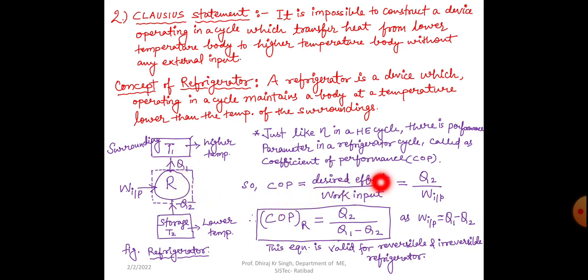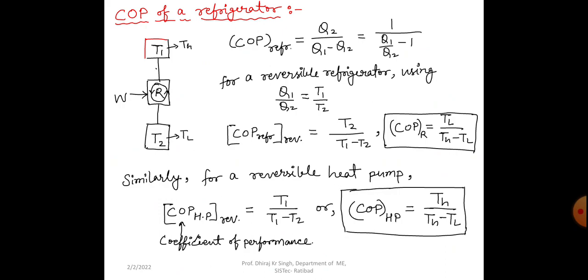So here COP is desired effect divided by work input, that is equal to Q2 by W input, and we can see COP of refrigerator is equal to Q2 by (Q1 minus Q2). This equation is valid for reversible and irreversible refrigerators. Now if we want to find the COP of a refrigerator in terms of temperature, then for a reversible refrigerator, using the thermodynamic temperature scale formula, Q1 by Q2 equals T1 by T2.